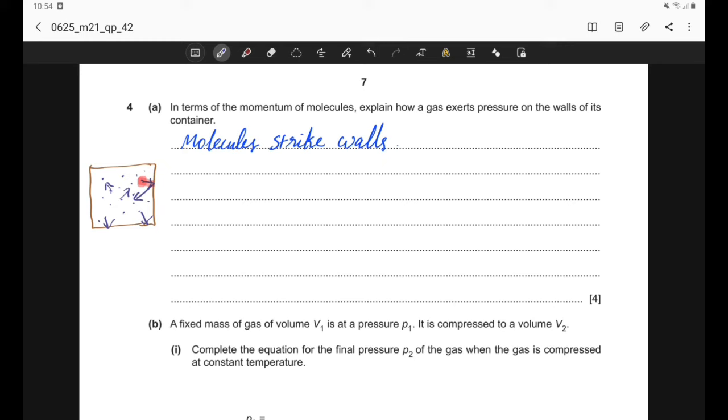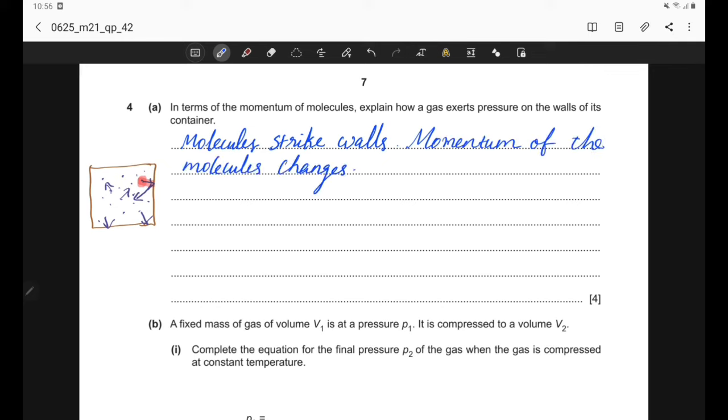So as you can see in this molecule, when it strikes the wall, it returns back and its direction changes, so its momentum will also change. So that is the second point we need to write, that the momentum of the molecule changes.